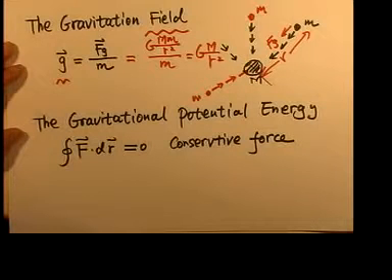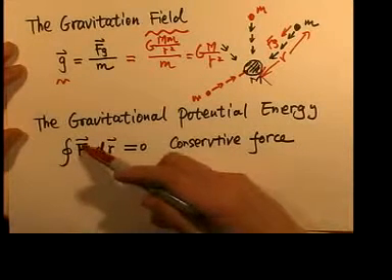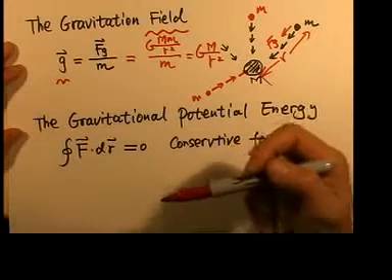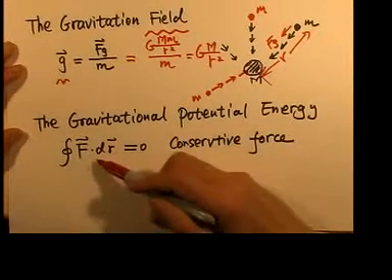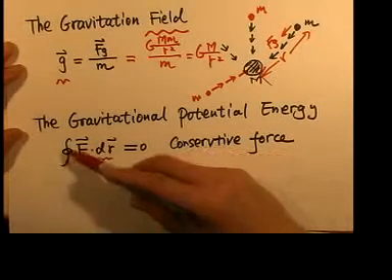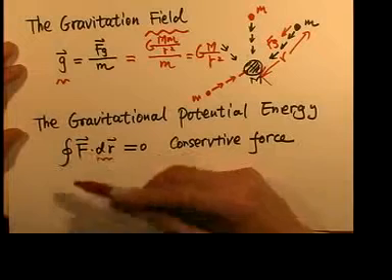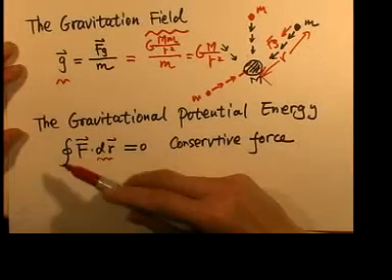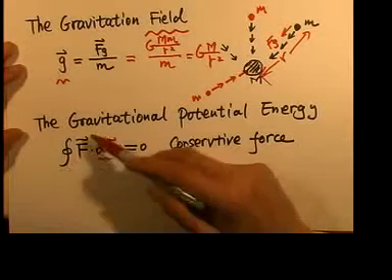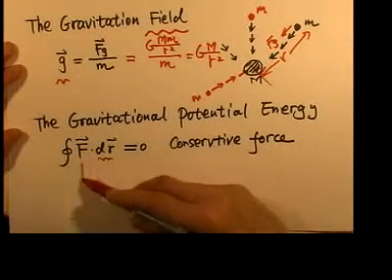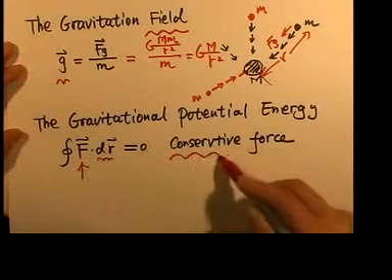The definition of a conservative force is this: if there's a particle and a force on this particle, and the particle moves a distance dr, and this symbol means you finish a closed path, you start from point A, you go somewhere, and you're back to A, that's a closed path. If this integral comes out equal to 0, then that force F is a conservative force.